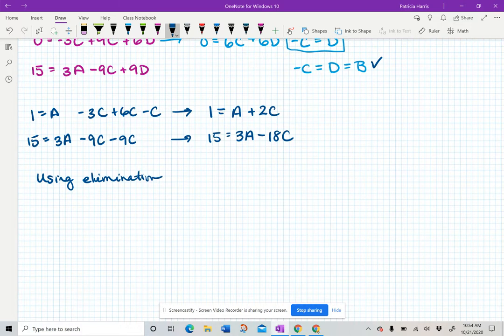So I got, let's multiply the top one by a negative 3. So let's do this.